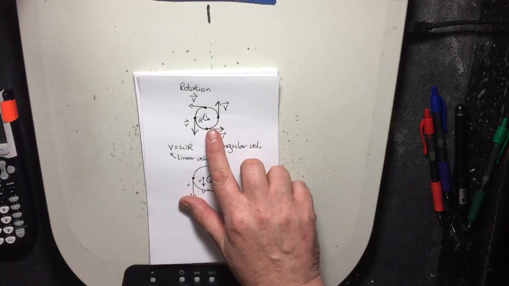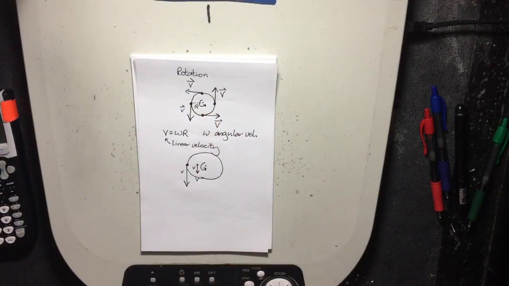Looking at that picture right there, at one moment, the velocity is straight down. At the next moment, it's to the right. At the following moment, it is up, and at the top, it's to the left.